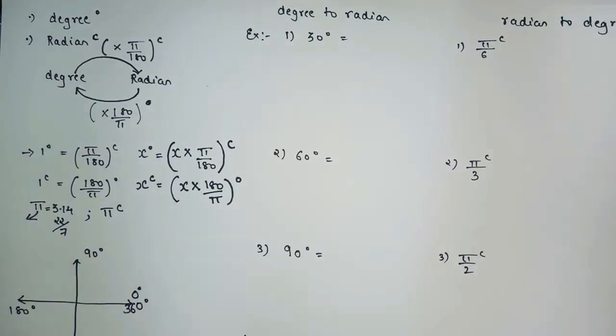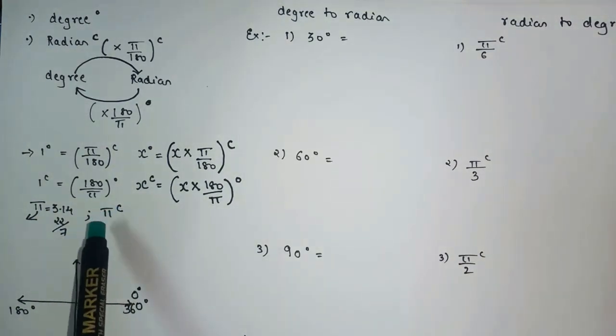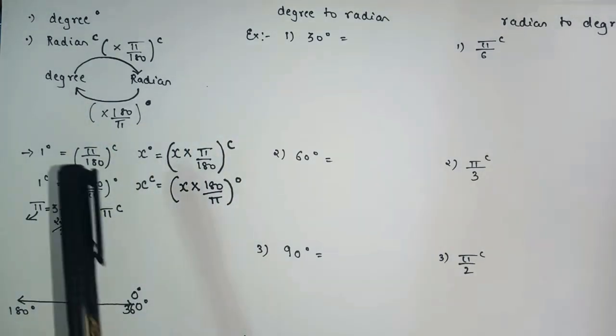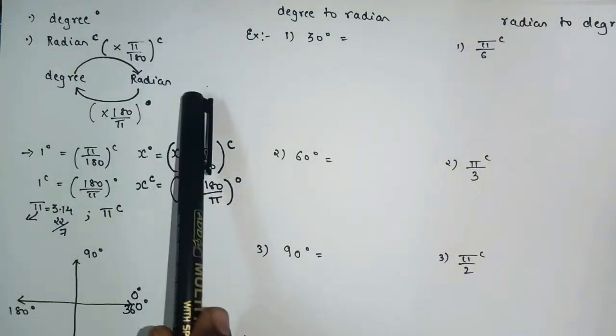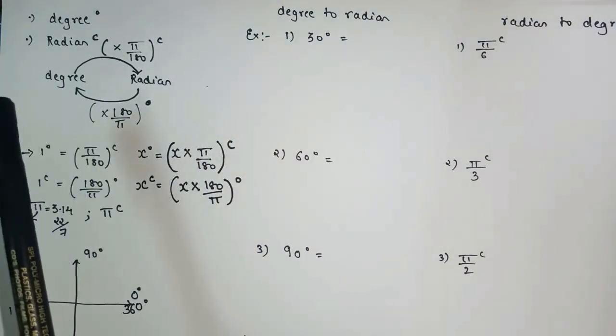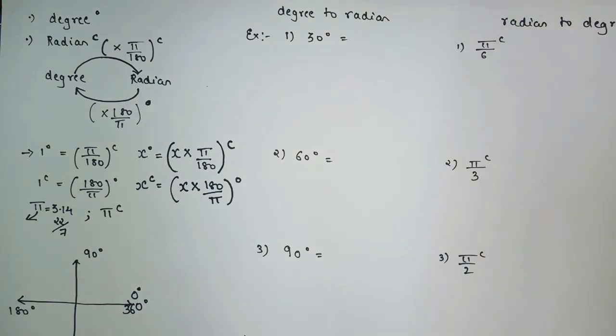Yes or no? We know the value of pi, that is 3.14. Just remember how to convert degree into radian and radian into degree. Very simple process. To convert degree into radian, simply multiply by pi by 180, and to convert radian into degree, simply multiply by 180 upon pi.